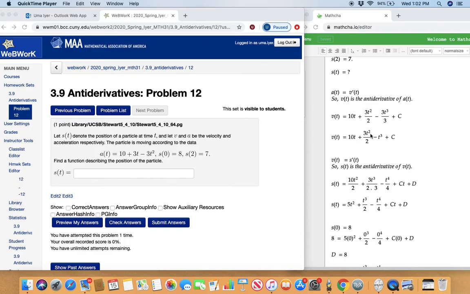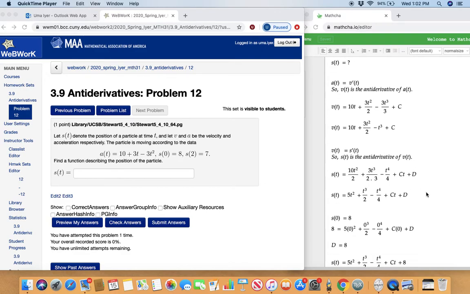And t squared, increase the power by 1 and divide by the new power, minus t cubed, increase the power by 1 and divide by the new power, plus c times t plus a new constant. Every time we take an antiderivative, we bring in a new constant.